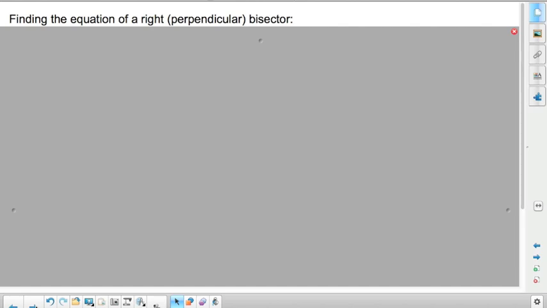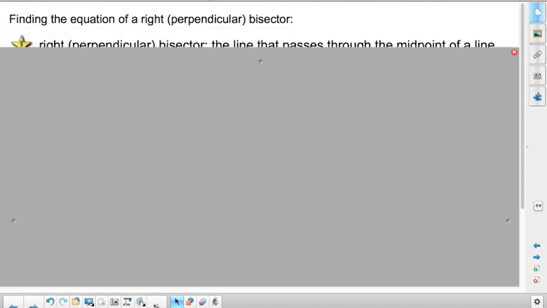So one last thing I want to talk about today: finding the equation of a right bisector. We talked about this with the donut example. What is a right bisector?